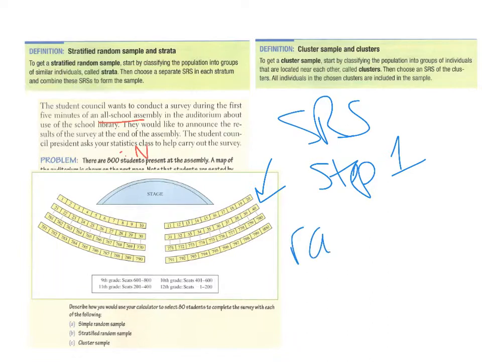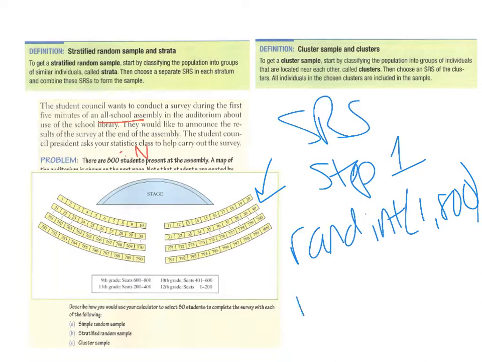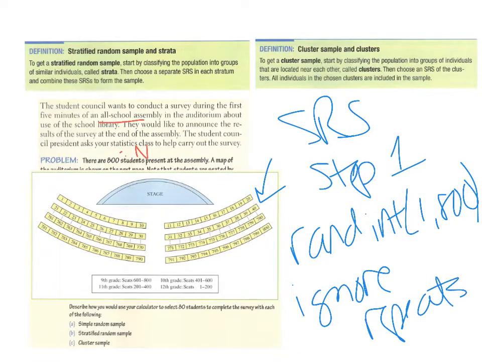So we would use the random integer function on our calculator. Again, I'll show you where this is located on your calculator. 1 through 800, because that's my population size. Okay, and I need to go until I get 80 different seats. Remember, I cannot have repeats. I need to state that I'm going to ignore my repeats. Okay, this is terrible stating.